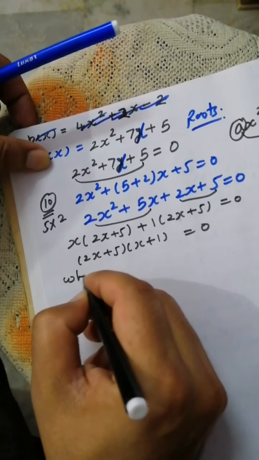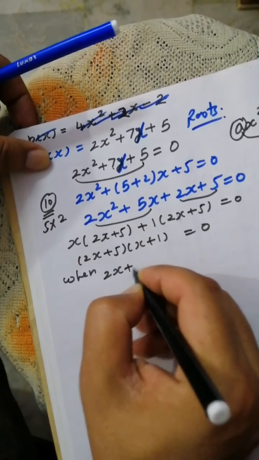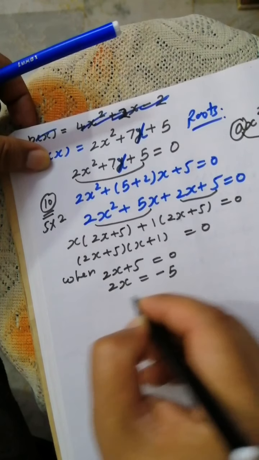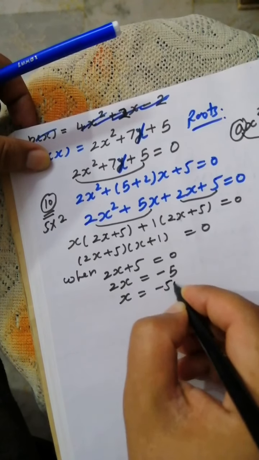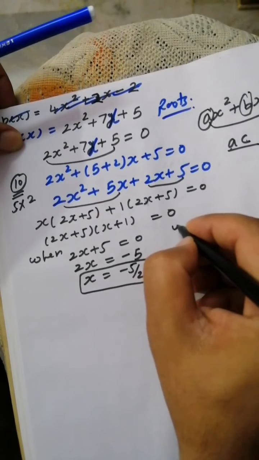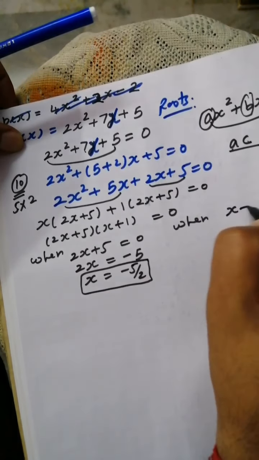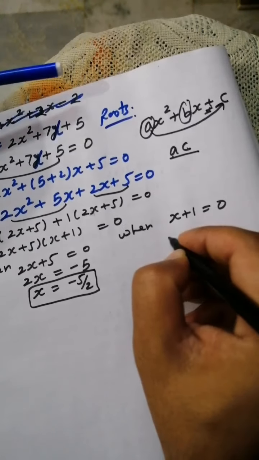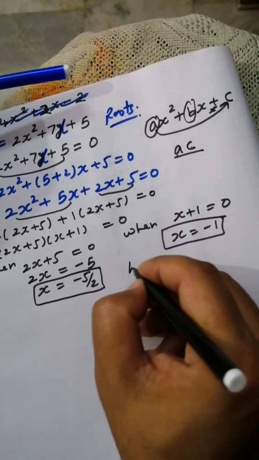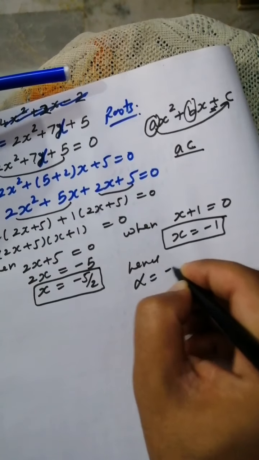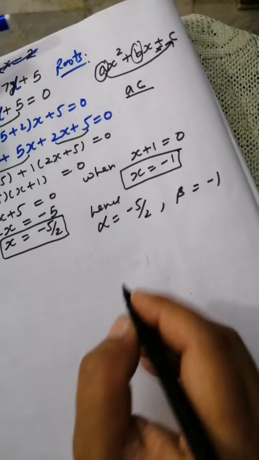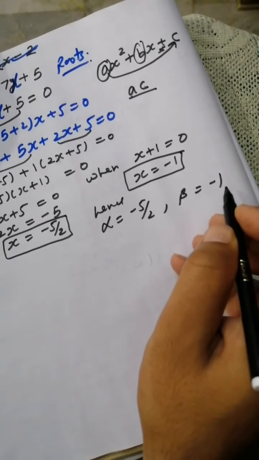Now when 2x plus 5 equals to 0, 2x equals to minus 5 and x equals to minus 5 by 2, it is the first root or first zero. Now when x plus 1 equals to 0, so x equals to minus 1, it is the second root. So here I can write, hence alpha equals to minus 5 by 2 and beta equals to minus 1.